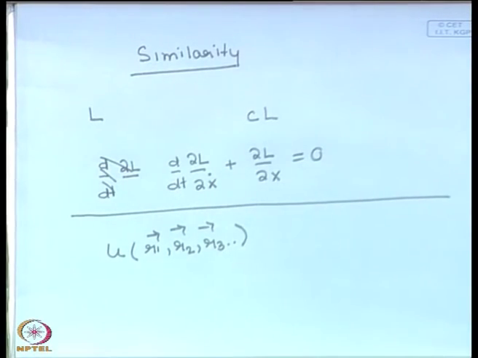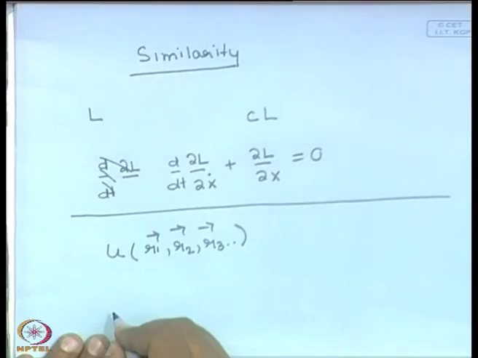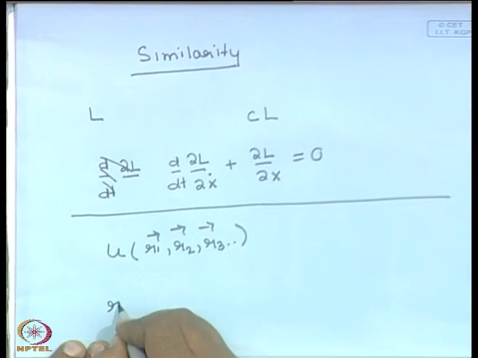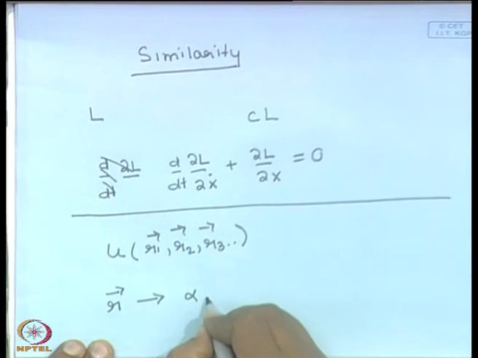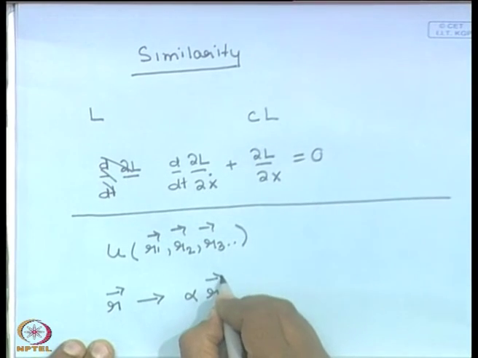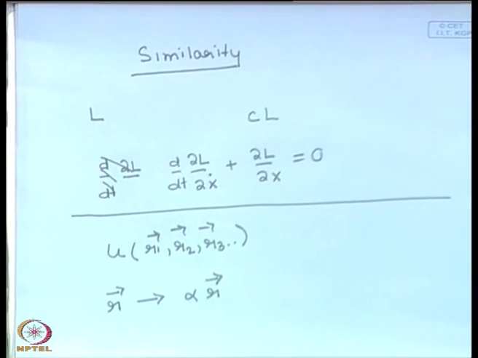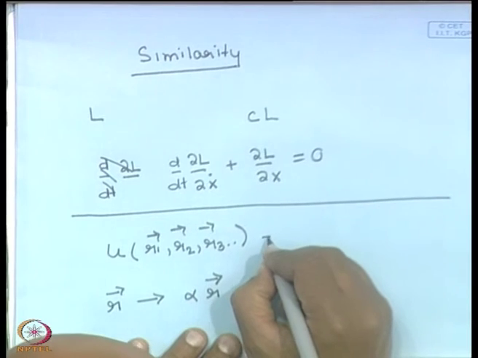And suppose my potential is homogeneous, in the sense that if I do a transformation, r goes to alpha r, what do we mean by that?